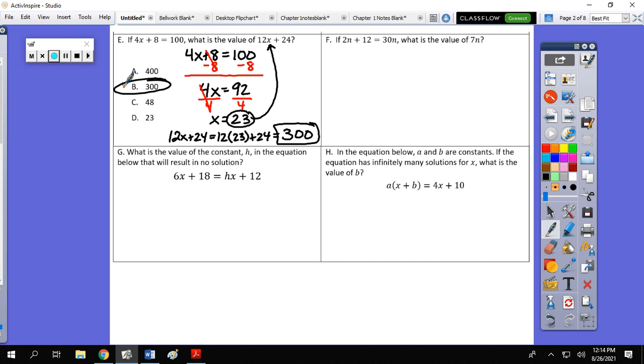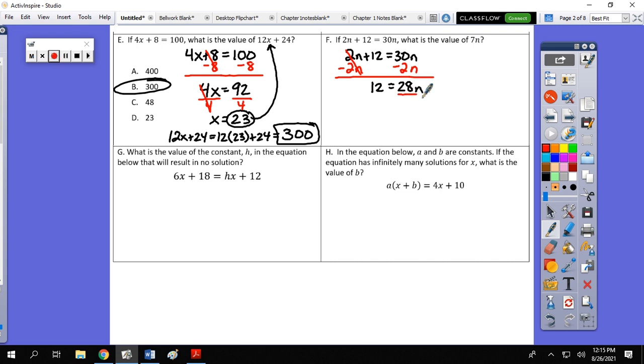Okay, on letter F, they didn't give us multiple choice, but it's the same exact problem type. We're going to set up this equation and solve for n. Now notice they're trying to throw us a curveball by having n on both sides without a number. That just means that when we isolate, we are subtracting that 2n from each side of the equation to get n by itself. That gives us 12 equals 28n.